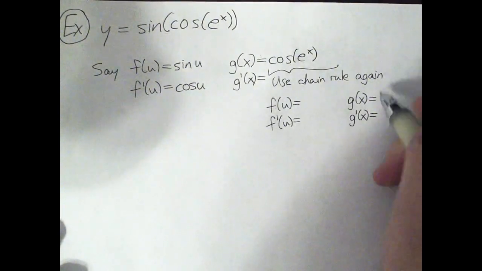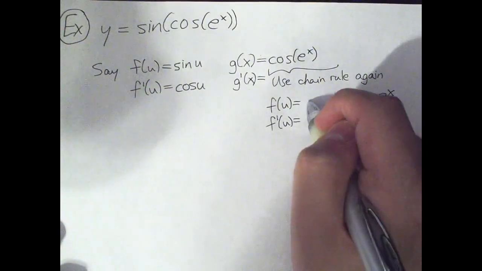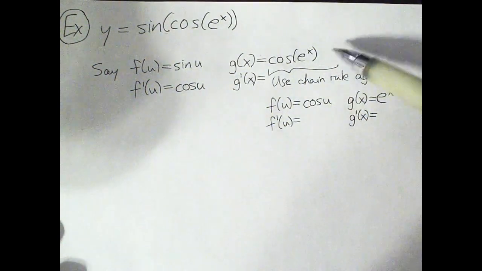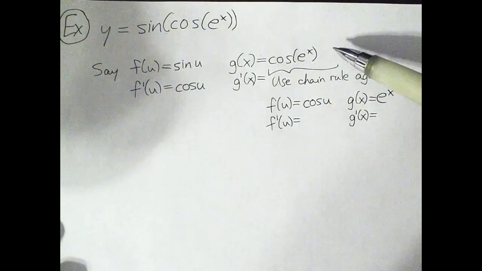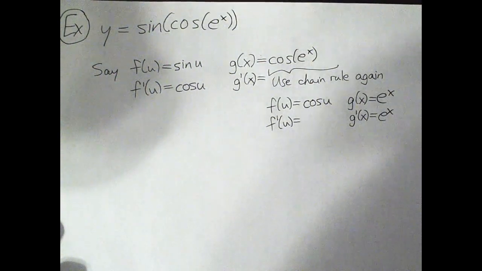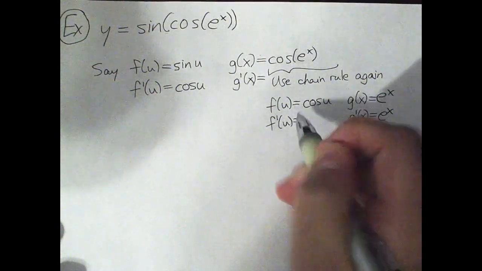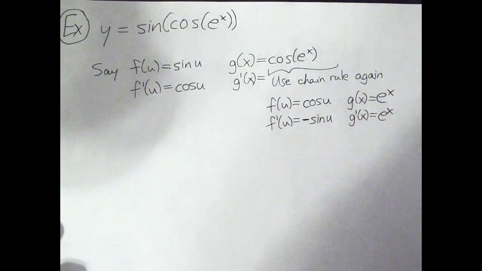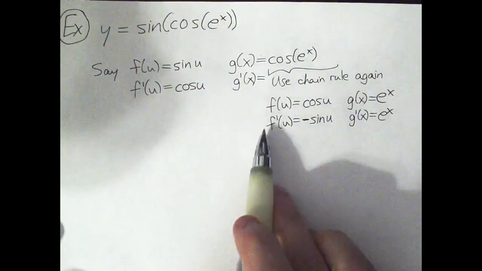I'm going to say that the inner function is e to the x and the outer function is cosine u. See what I mean? We're just working on this problem now. The derivative of e to the x is e to the x, and the derivative of cosine u is negative sine u. So, why were we doing this?